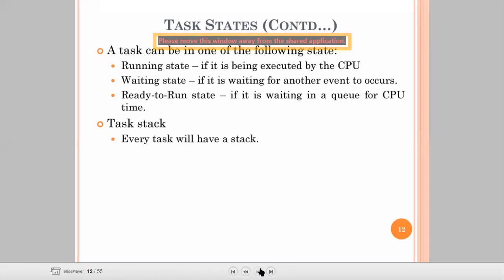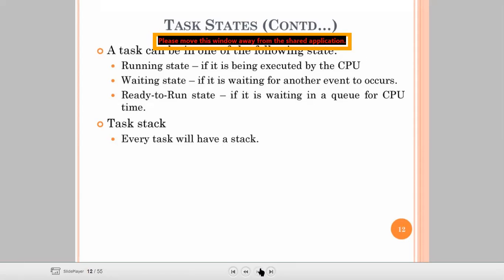When the highest priority interrupt occurred, the functions performed by the CPU are saved into a piece of memory called stack. The CPU accepts that high priority interrupt, executes it and returns the results, and again it is loaded with whatever task was unaccomplished and continues that task. For that purpose we use a task stack.